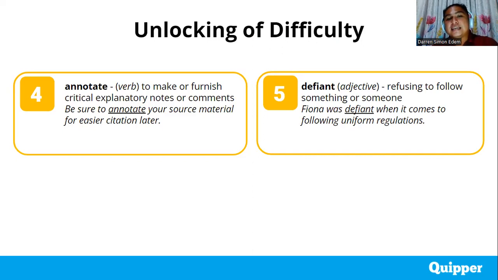Fifth, defiant. Defiant is an adjective which means refusing to follow something or someone. Example, Fiona was defiant when it comes to following uniform regulations. These are the five unfamiliar words that we are going to encounter in this lesson, so make sure that you are taking notes on the meaning and the examples given so that we may be able to understand them better in our discussion.